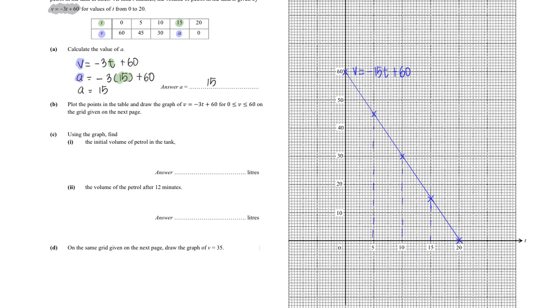That means at the very start. At the very start when T equals 0, at the 0 minute. So for this particular question, the initial volume happens here. You can also see it from the table as well. So from here, I will be able to get 60.